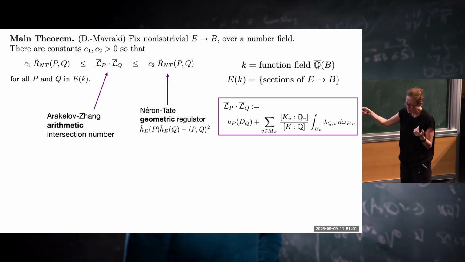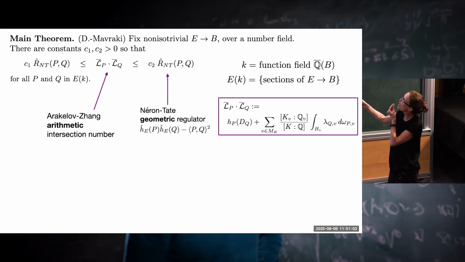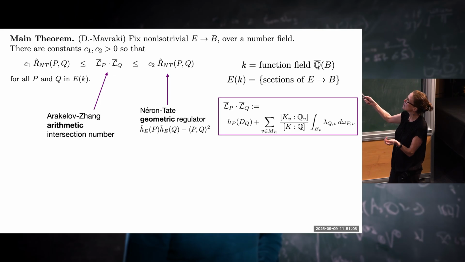Again, in the setting that we were looking at, I have this non-isotrivial elliptic surface defined over a number field. What we observed was that as you look at all the pairs of rational points over this function field, these intersection numbers behave like a geometric object.